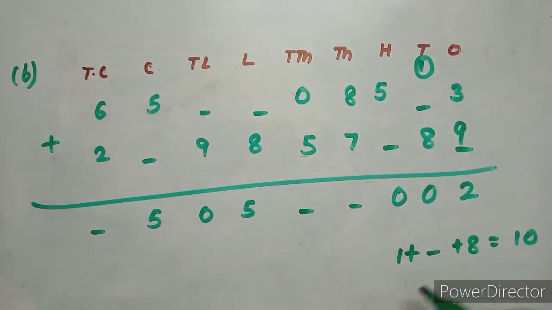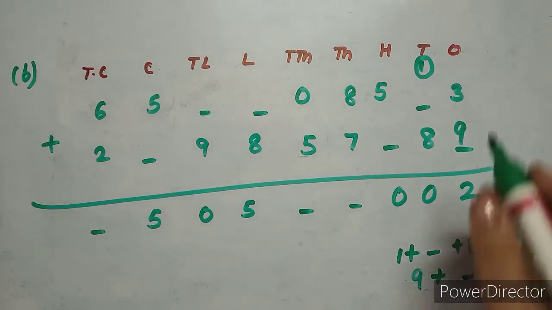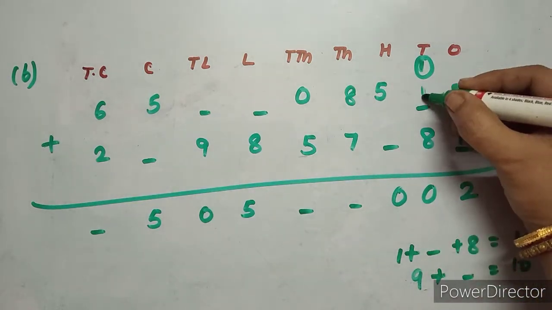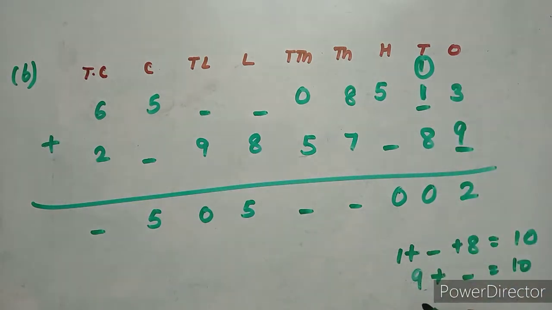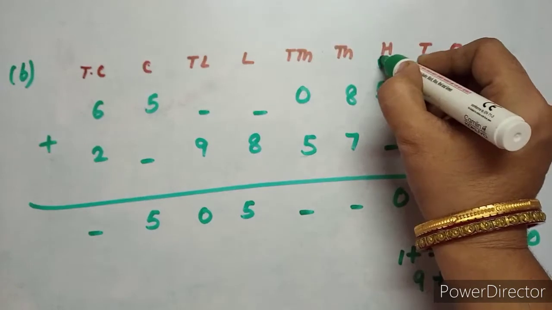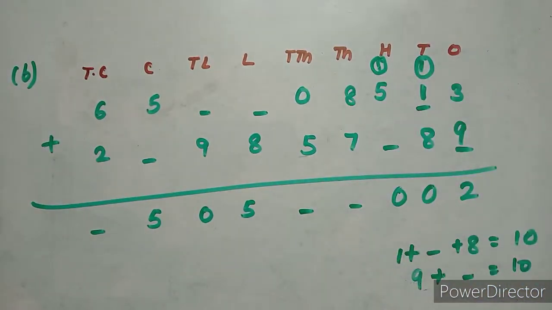Now see here 1 plus blank plus 8 is equal to 10. So here you have 9 plus blank is equal to 10. So here you should add 1. Okay, so if you add 1, this becomes your 10. Okay, now again for 10 you have 0 down and 1 up.